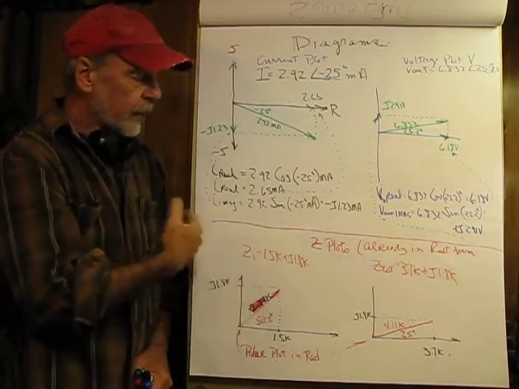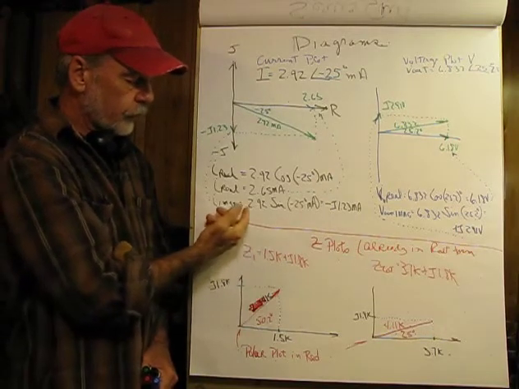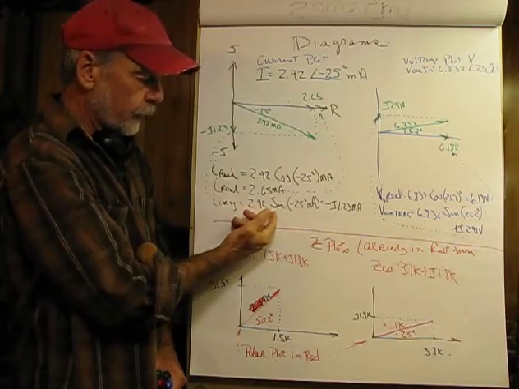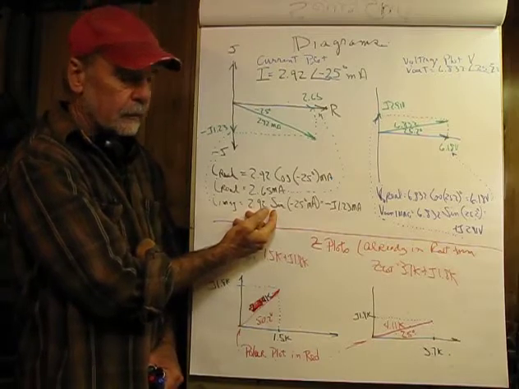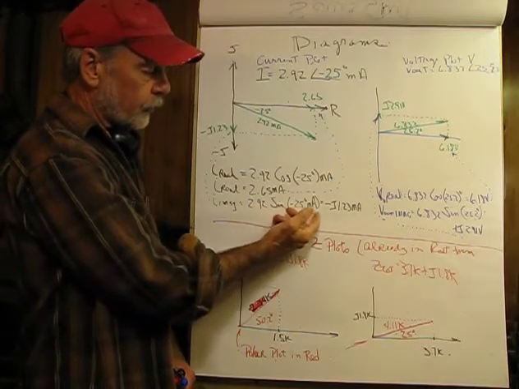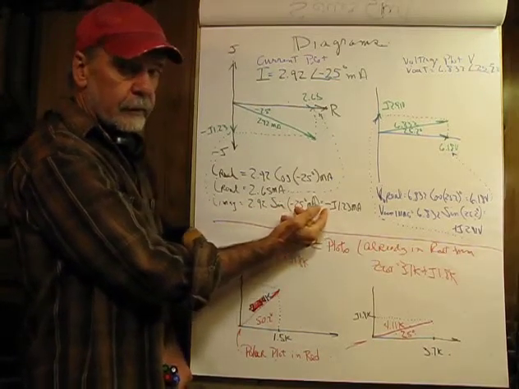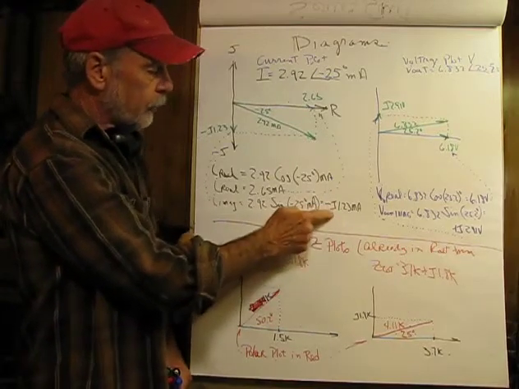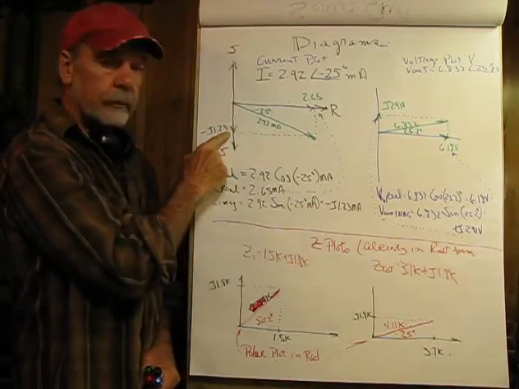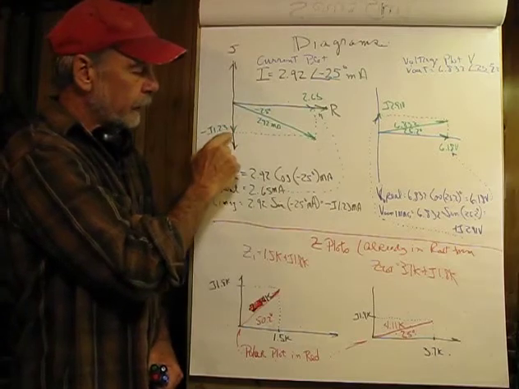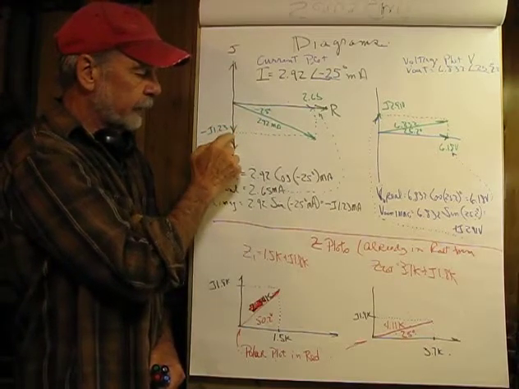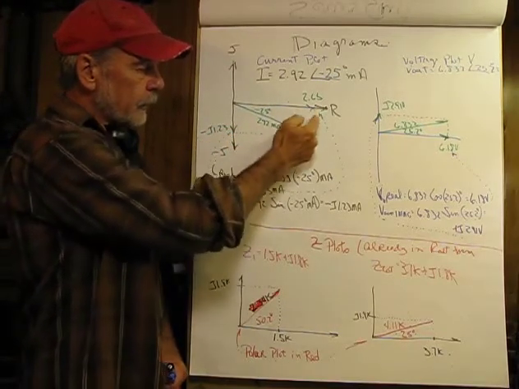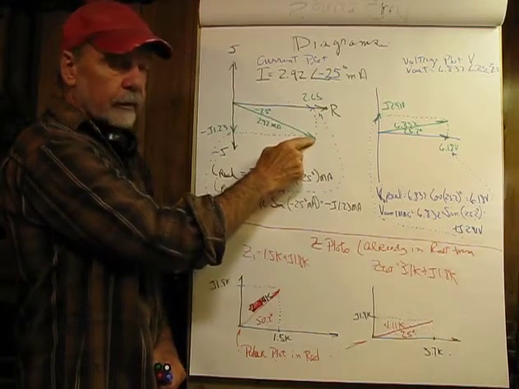Next we'll find the imaginary component of the current, so that's going to be 2.29 milliamperes times the sine of negative 25 degrees, and that gives us negative J, 1.23 milliamperes, which is somewhere down here. Then to just connect the dots, so to speak, we end up intersecting here.